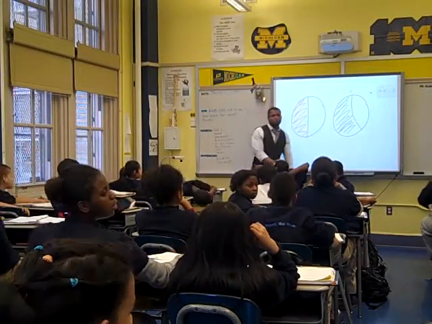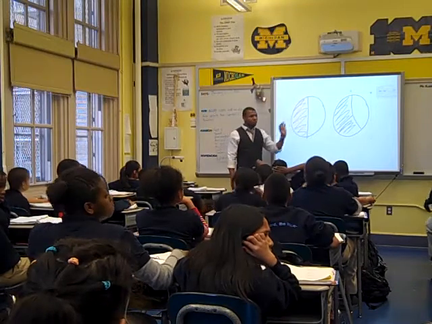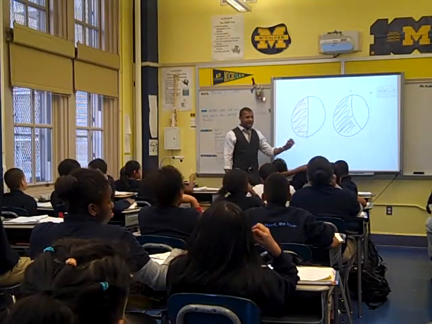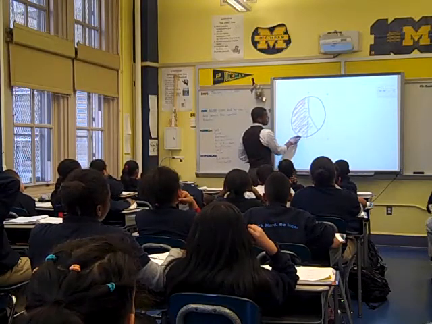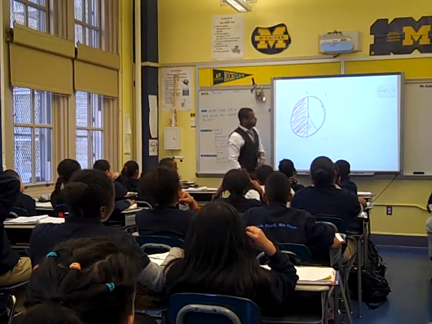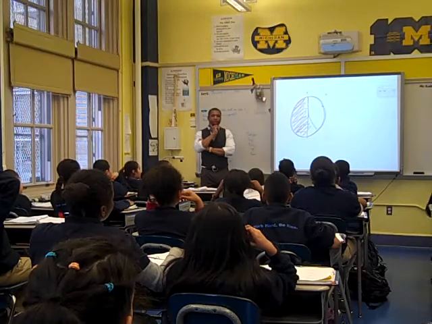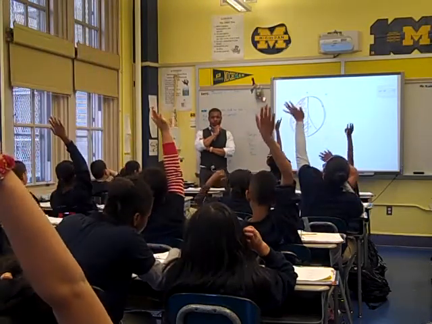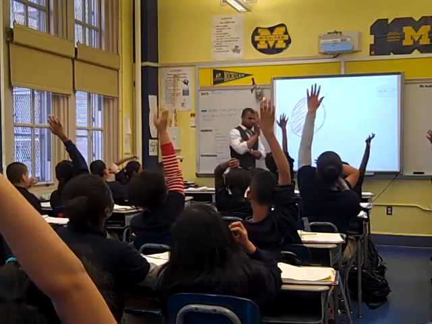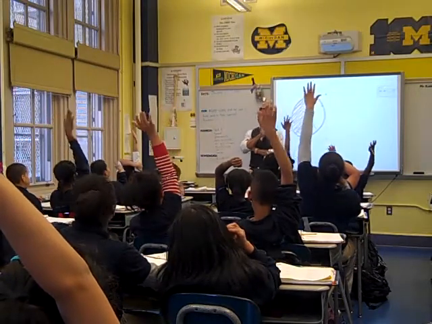Who is paying attention? How much of this did I color in? 2/3, right? Now watch. As I move this pie that's exactly the same size on top of the pie that is only 1/2. Which is bigger? Which covers up more space? What color, green or red?